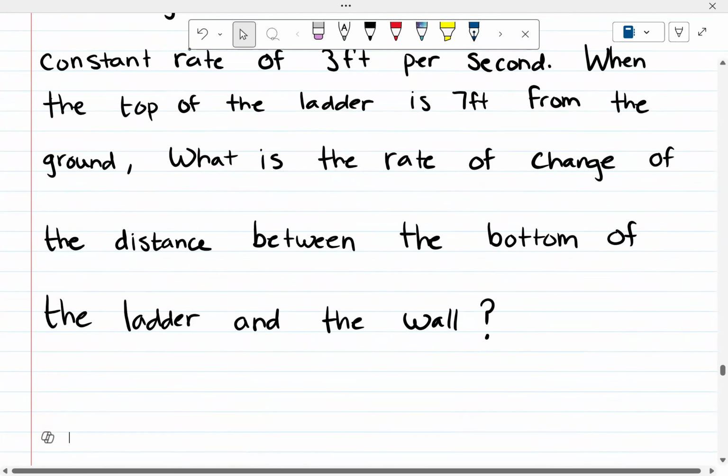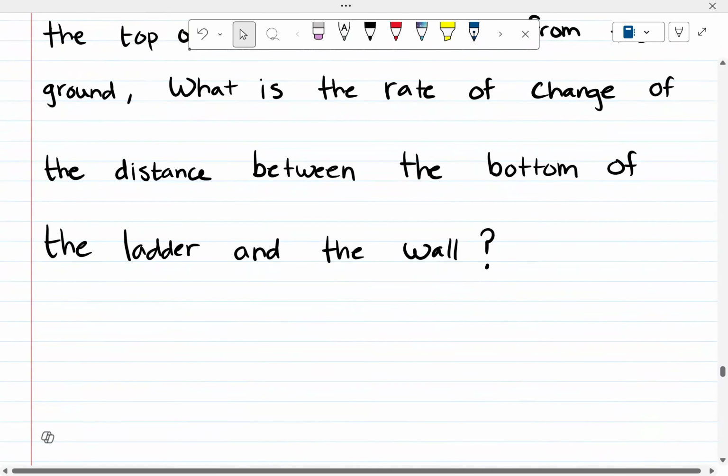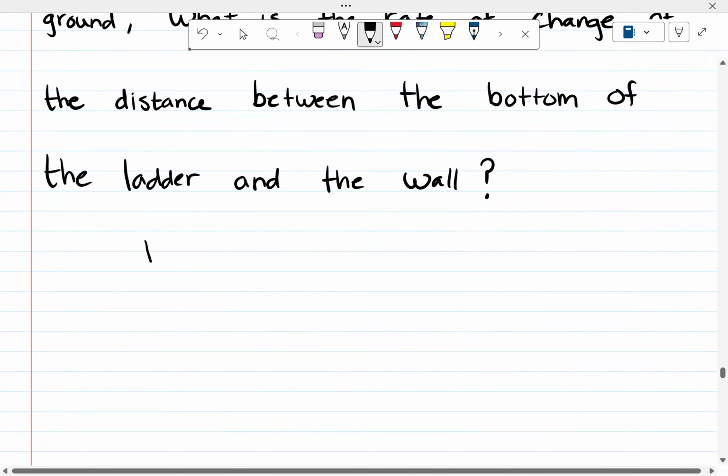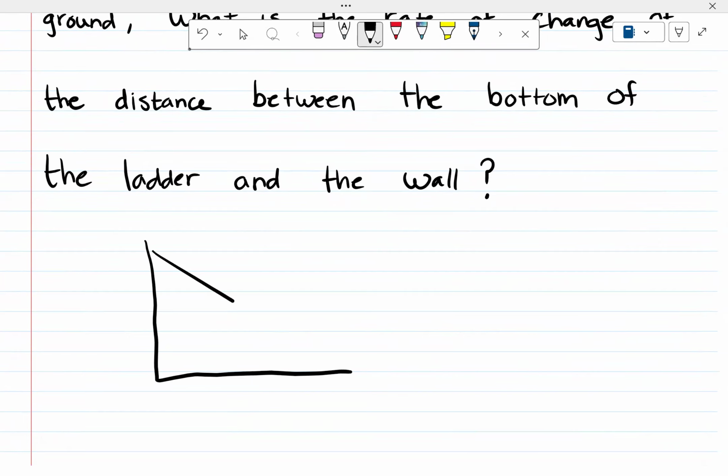So let's kind of draw an image. Here you have a wall, right? And then here you have a ladder. And the ladder is 25 feet. That was given.